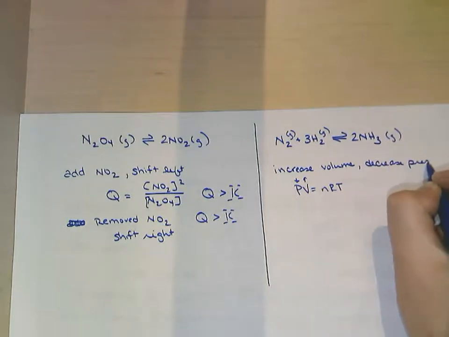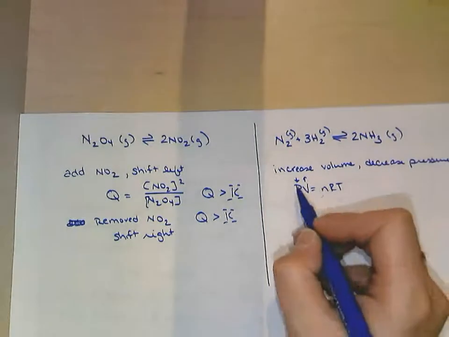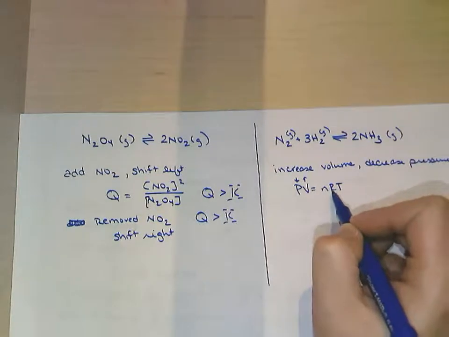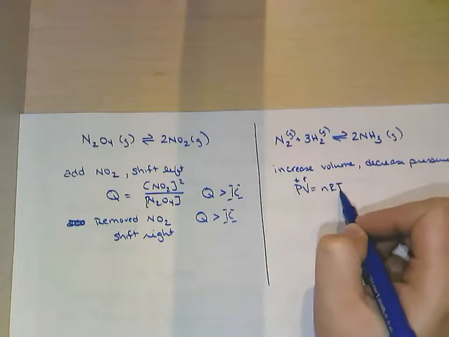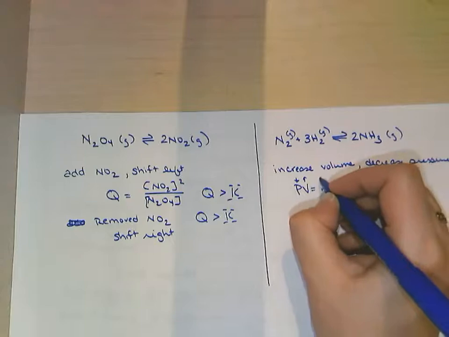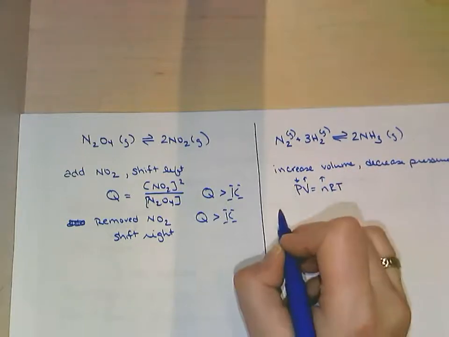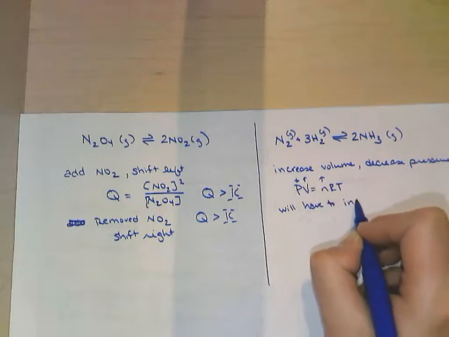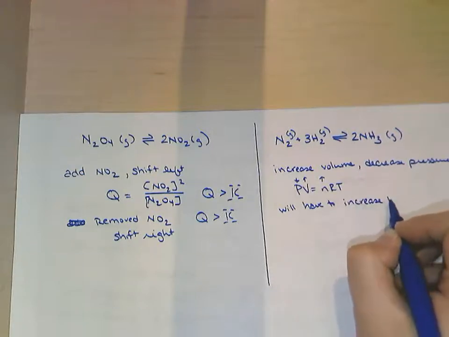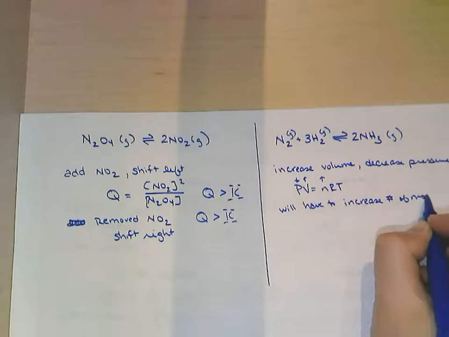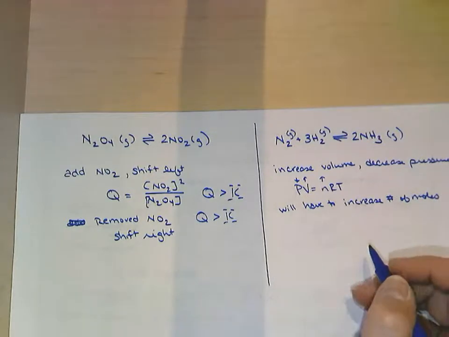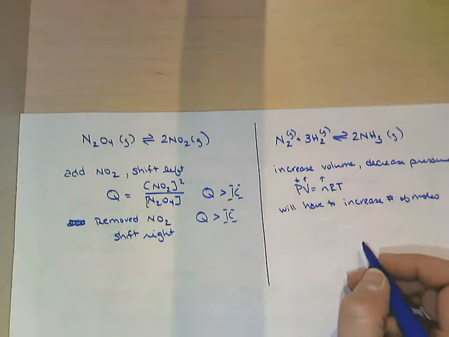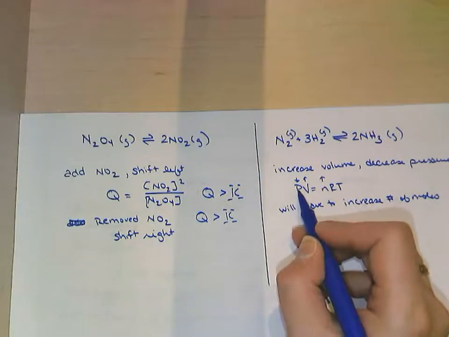So if I have decreased the pressure, at the same R and T, we're going to have to increase the number of moles to make up for it. We want more moles to increase the pressure back to where it was.